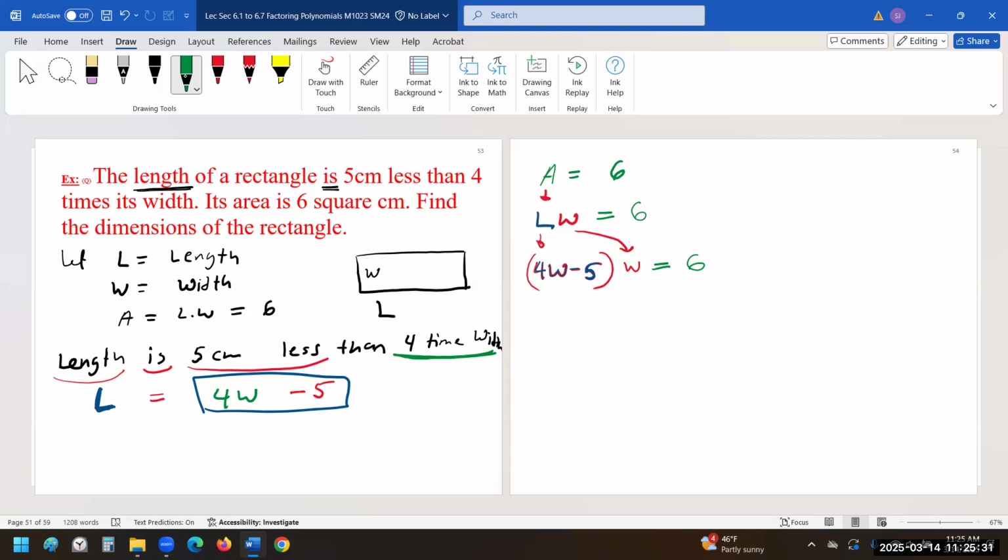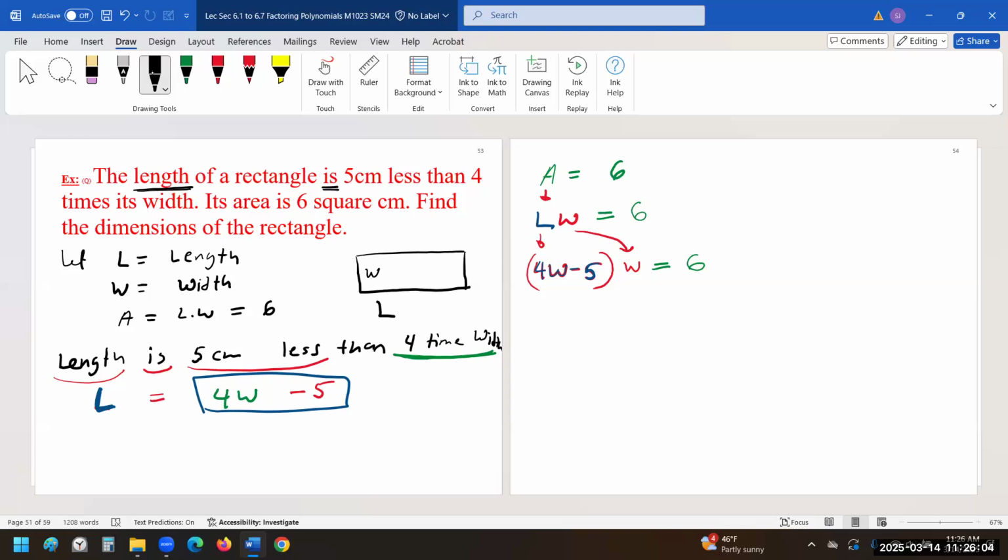So we want our equation to have only 1 variable. So we rewrite our length using our W because they gave us the information about that. Our length is in terms of W, it's 5 less than 4 times W. So instead of L, you rewrite the entire expression for the L. We're using substitution method. And this W, we have nothing to replace that W with, so just bring it down.